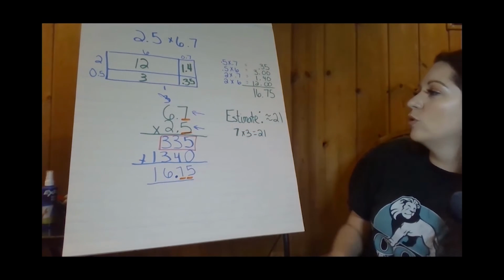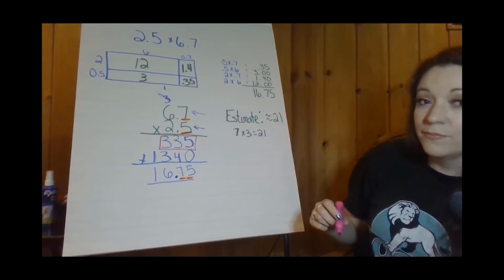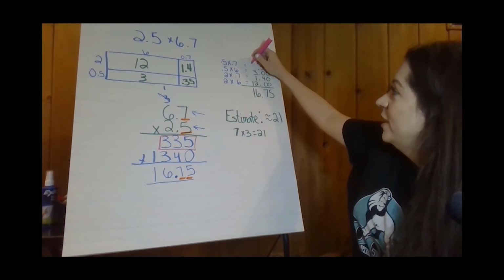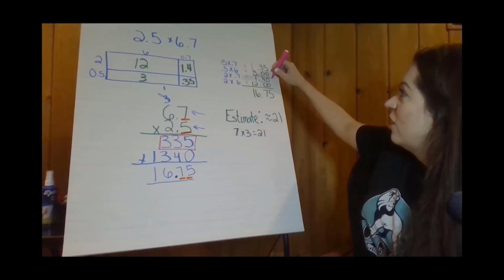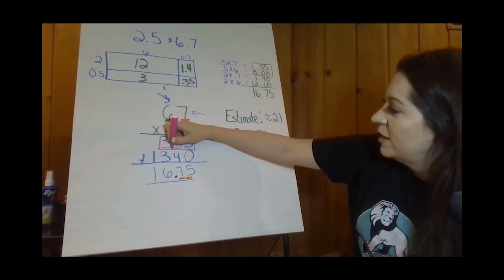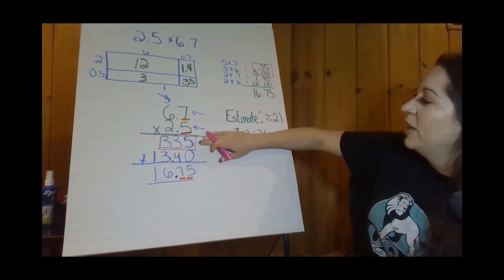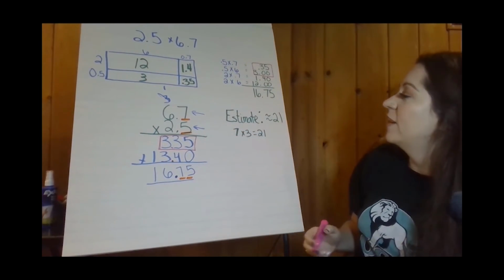Okay, in the 4 partial products, do you see those numbers up there anywhere? Right here. How many of you saw that? If you add these 2 together, because now we know our decimal is here, right? If you add these 2 together, you get 3 and 35 hundredths.